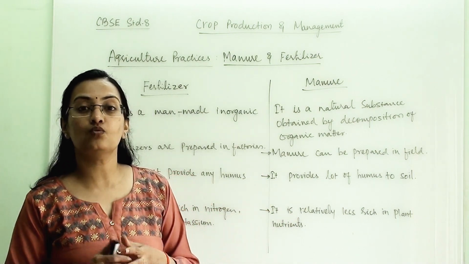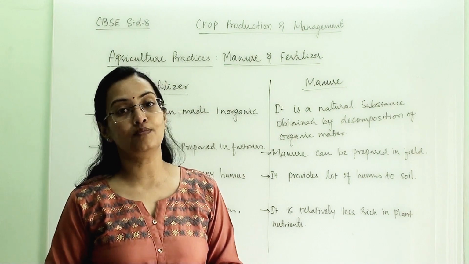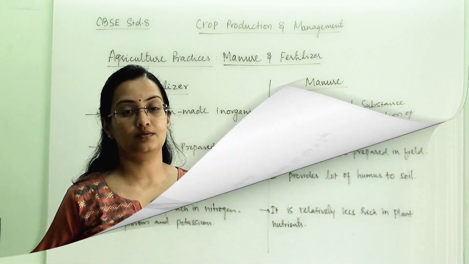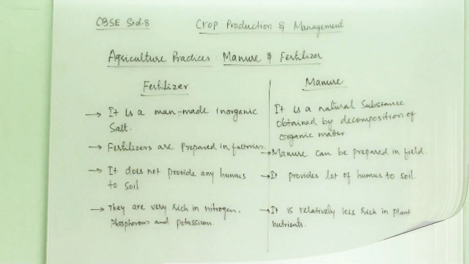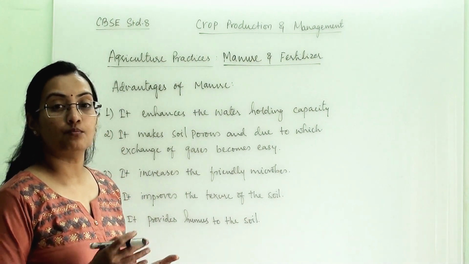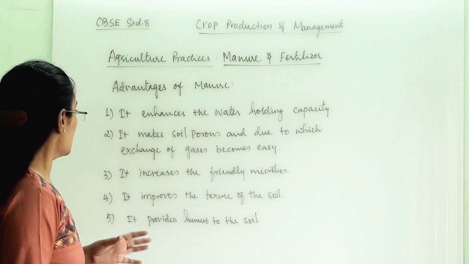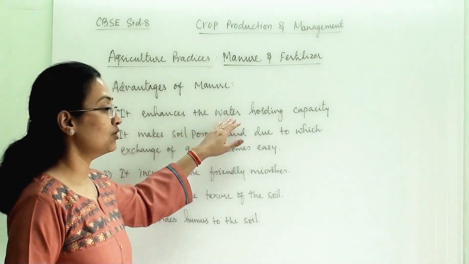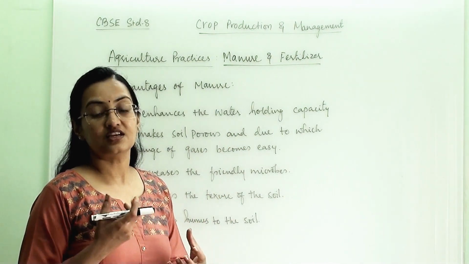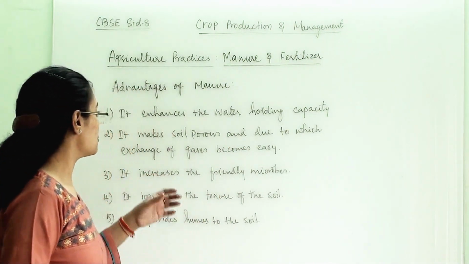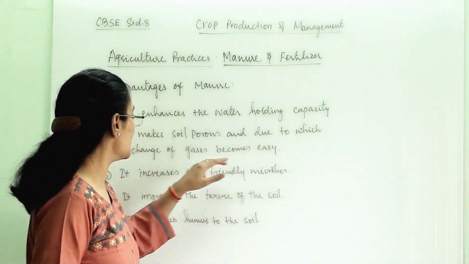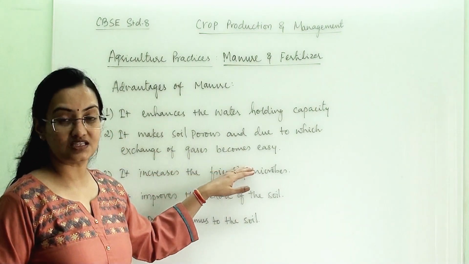Now let us understand the basic advantages of manure, how it is beneficial for the soil and how it will change the soil. Why do we say that manure is preferred over fertilizer? It enhances the water holding capacity of the soil. The more water the soil holds, the more beneficial it is for the crop. Second, it makes the soil porous, due to which the exchange of gases becomes easy.